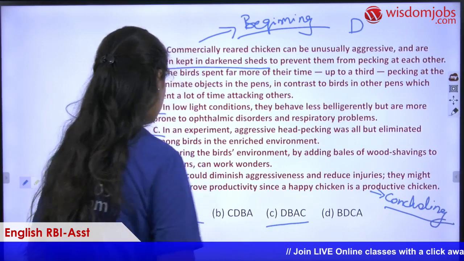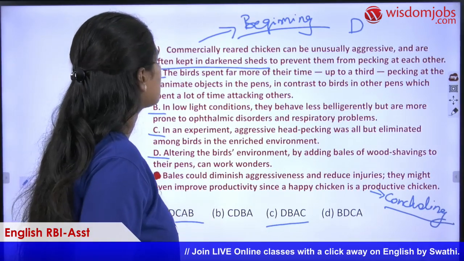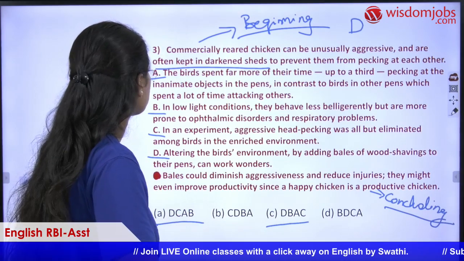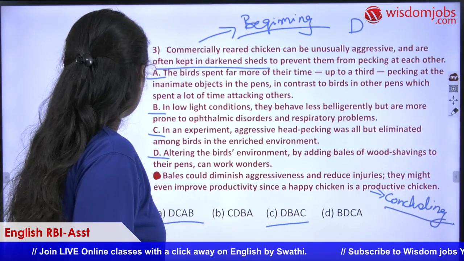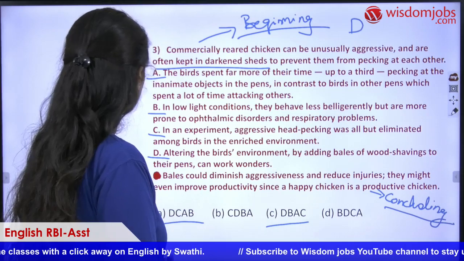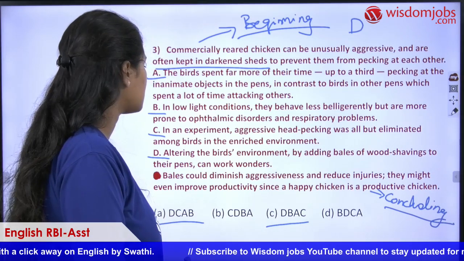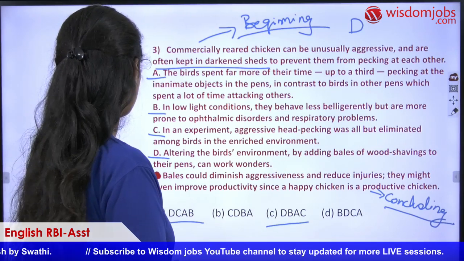DBAC and DCAB. Now find it out according to DCAB. Commercially reared chicken can be unusually aggressive and are often kept in darkened sheds to prevent them from pecking at each other. Altering the bird's environment by adding bales of wood shaving to their pens can work wonders. In an experiment, aggressive head picking was all but eliminated among birds in the enriched environment.